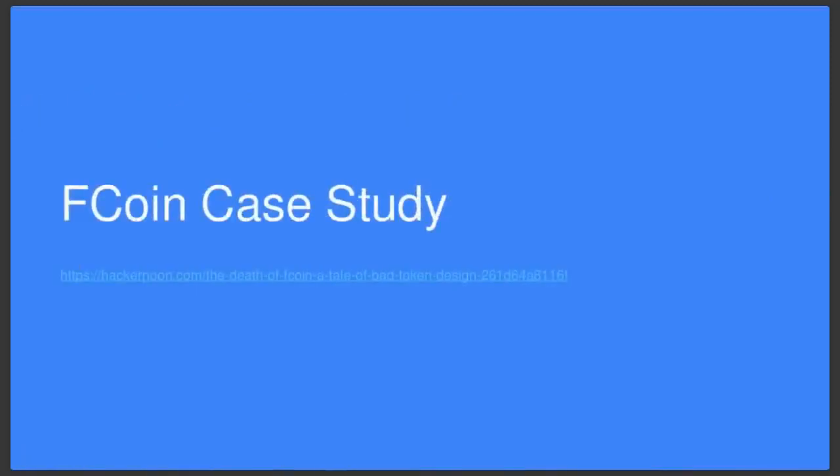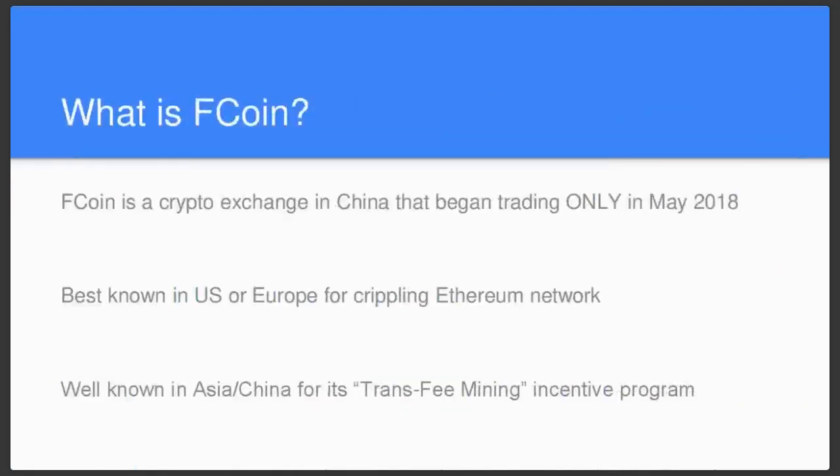Now I'm going to do a case study on FCoin, to show you how important token economics is. If you screw up, you probably screw up a big opportunity that you could have. So what is FCoin? I'm sure FCoin is not well known in Europe or the US.